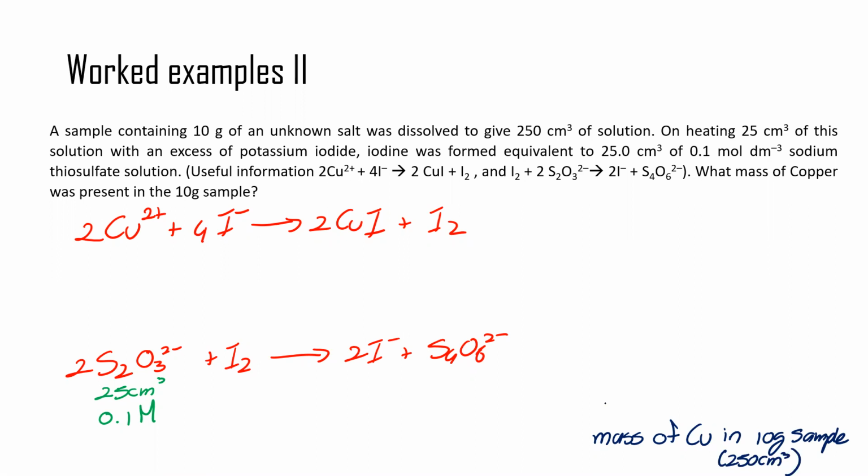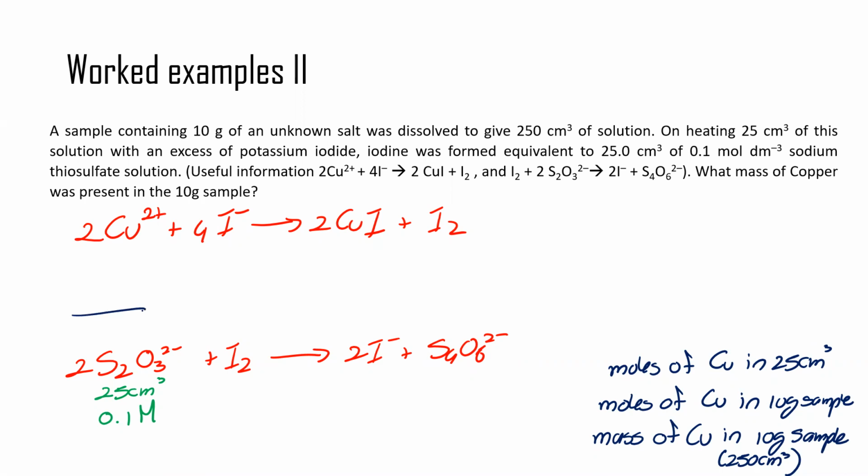So you might find moles of Cu in 10-gram sample, and also moles of Cu in 25 centimeters cubed. Okay, so there was a dilution and you only used 25 centimeters cubed of the solution. But to find the moles of Cu, we must be using that iodine.